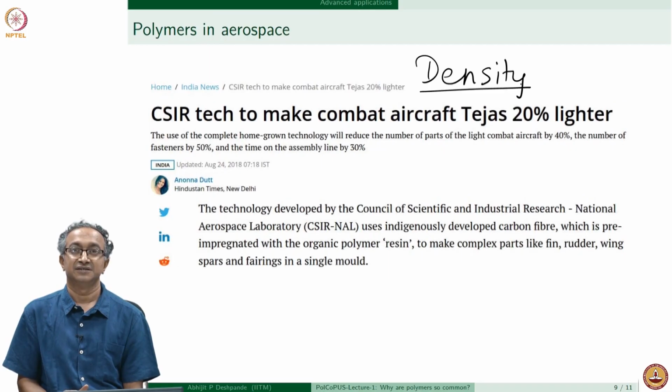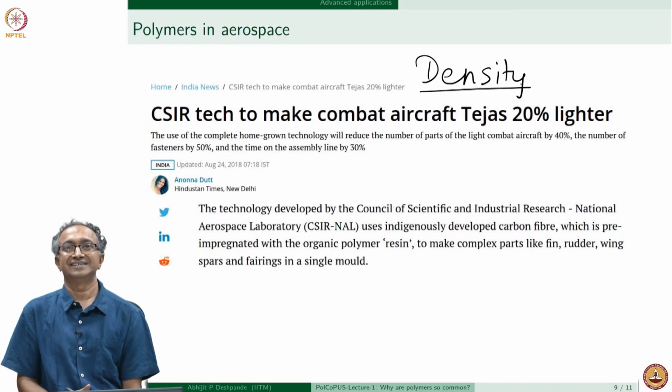And in fact, for specific properties, which means properties per unit weight, polymers are extremely excellent materials of choice. So therefore, in aerospace, polymer use is increasing and it's going to become more and more because they offer such a unique advantage in terms of very low density.